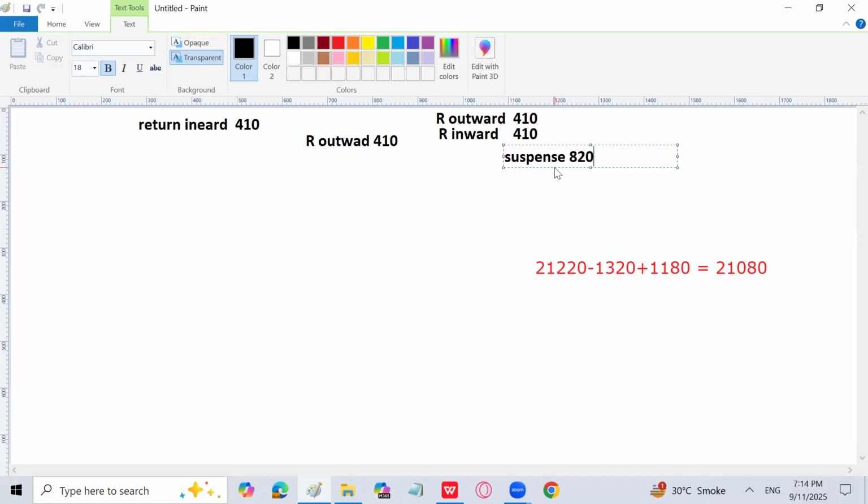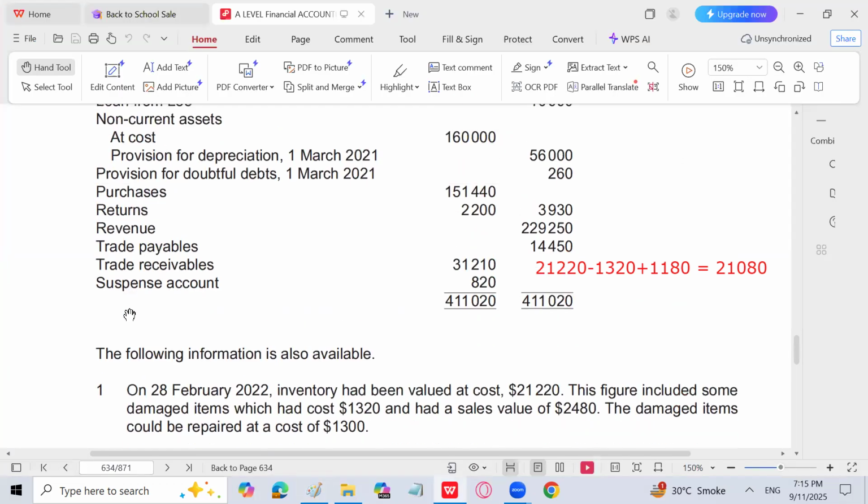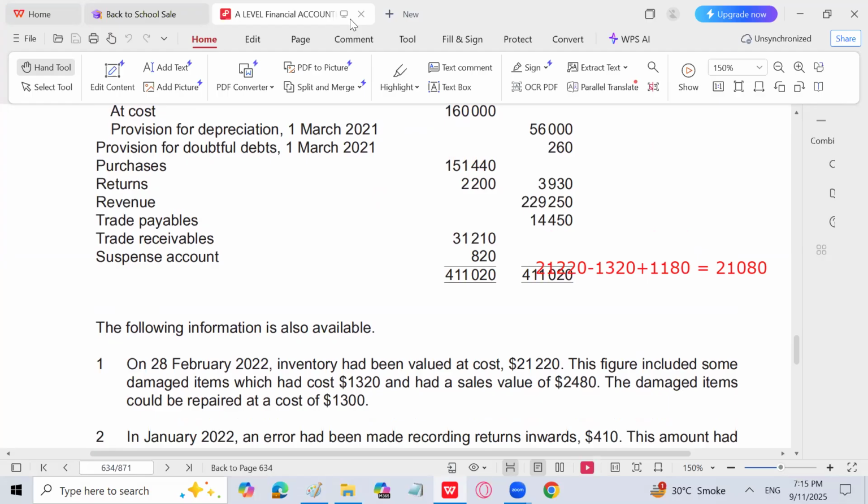You have to subtract 410 from return outward, because purchase return is credit, and when it is debited it will reduce, and you have to add 410 in return inward in the amount given above. So in return inward you will add 410, and from return outward 3930 you will subtract 410, and then you will go for the correct amounts.